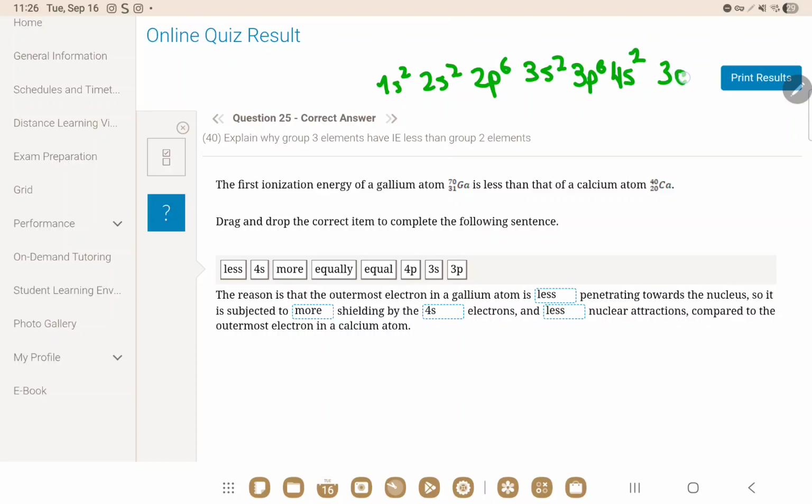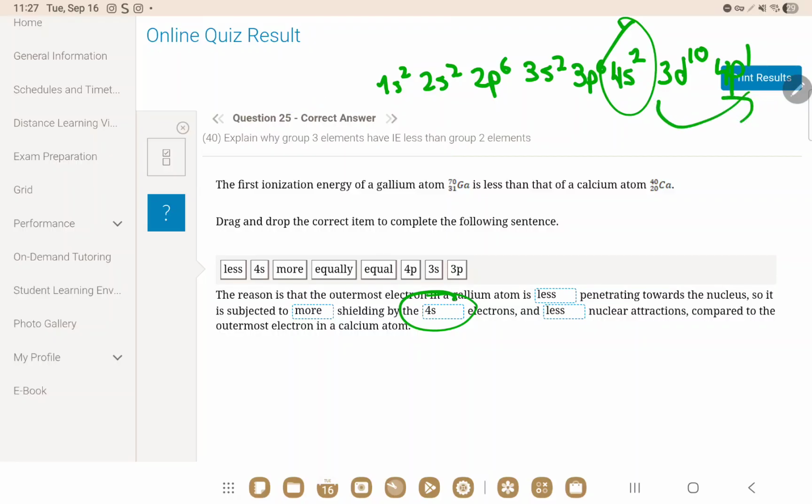Now 3d10 and 4p1. It has more 4s, so it's more shielding, because calcium stops at the 4s. Here in gallium, it moves on.